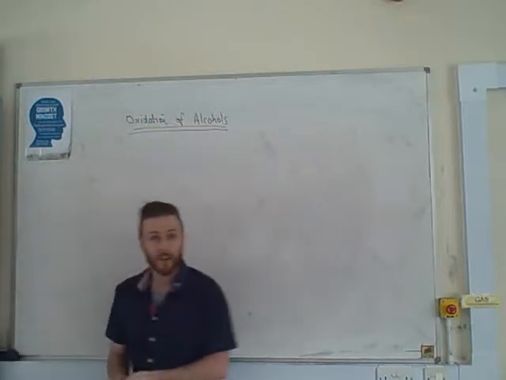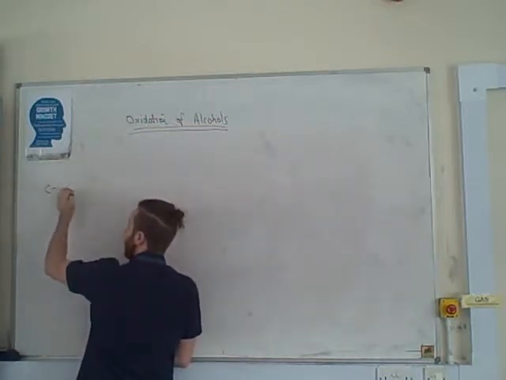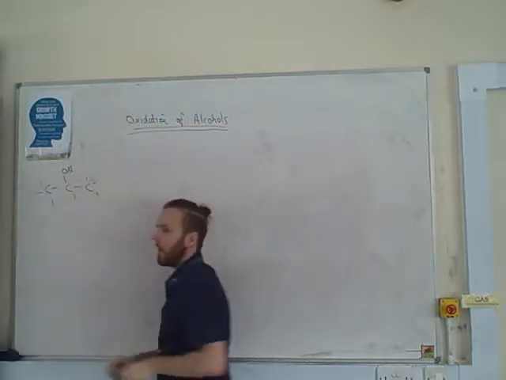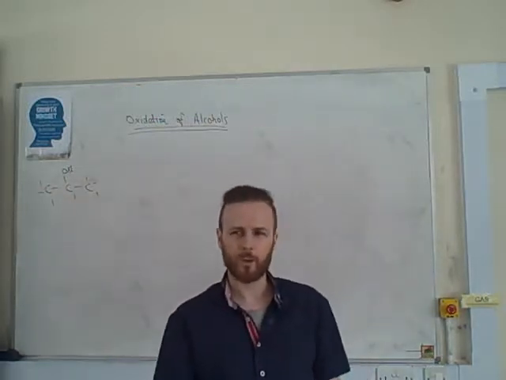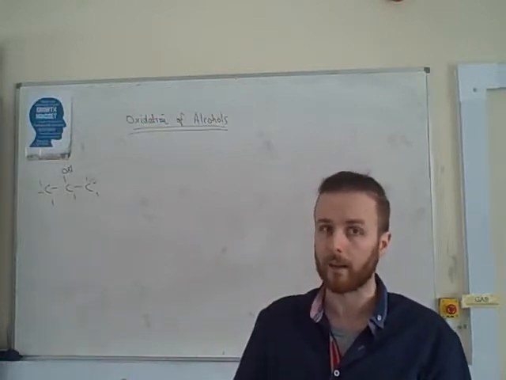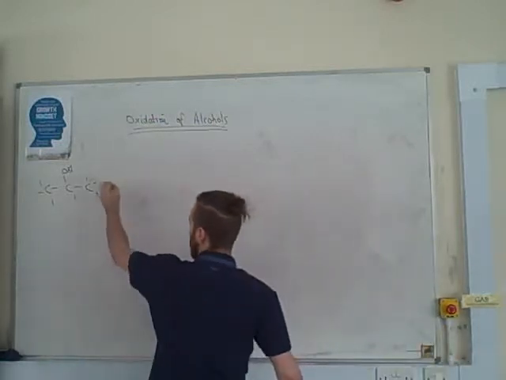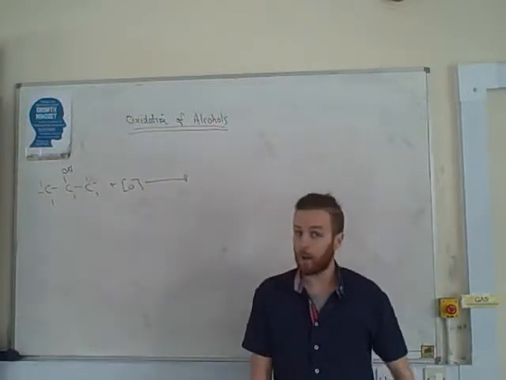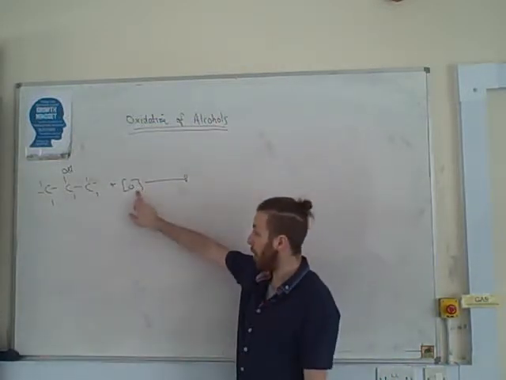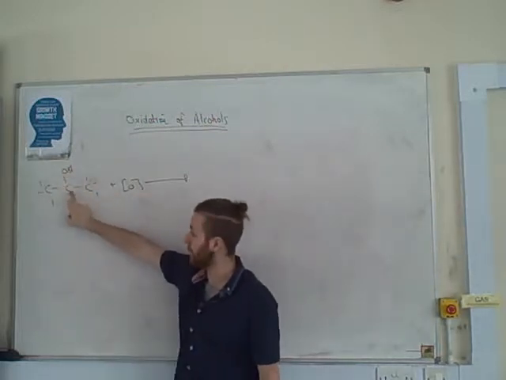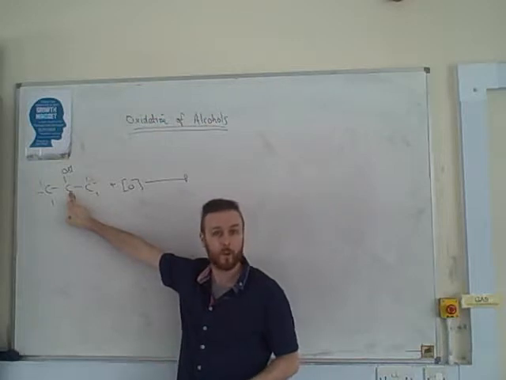Okay, secondary alcohols. So, secondary alcohols can only be oxidized once. So it doesn't really matter whether we do reflux or distillation, because you're just going to get one oxidation anyway. So whichever one you want to do, you're going to get oxidation. And the same thing happens as with a primary. The oxygen steals a H from the OH and a H from the carbon attached to the OH.